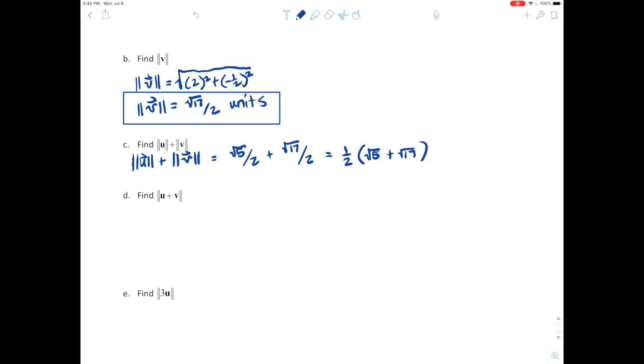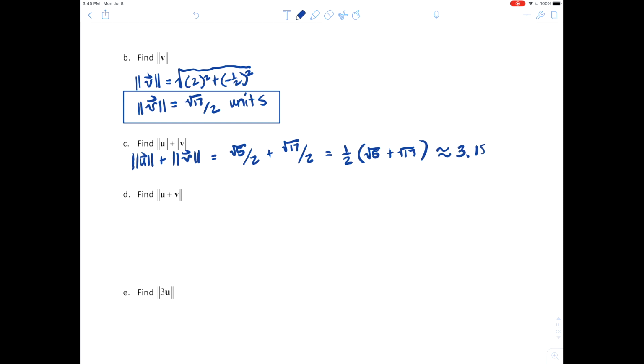And just for fun, if you take your calculator, hopefully you've got your calculator with you, if you find the decimal for this, we would have an approximate result of 3.18 units. Cool so far? So this is the exact, and this one is the approximate.